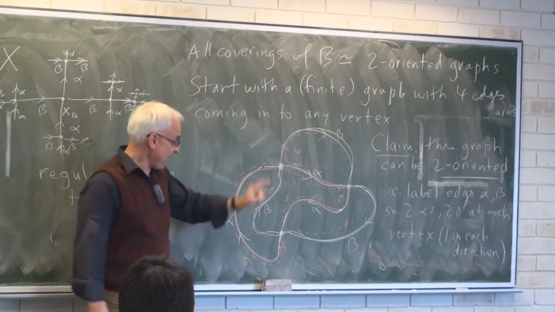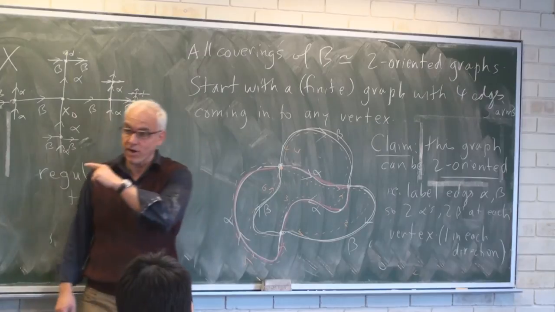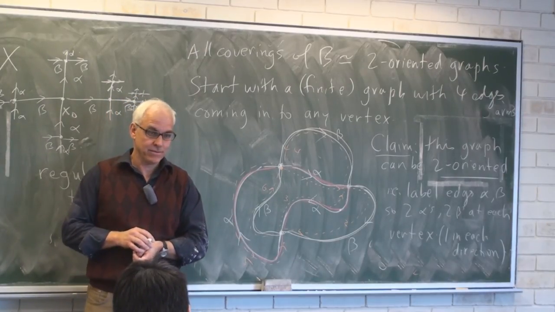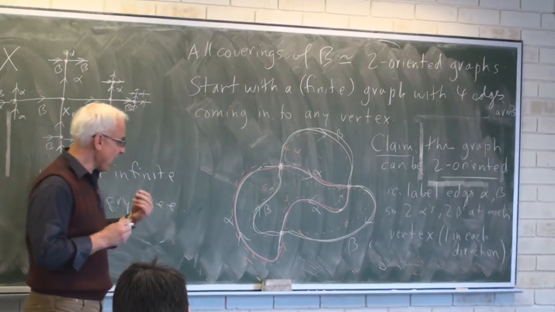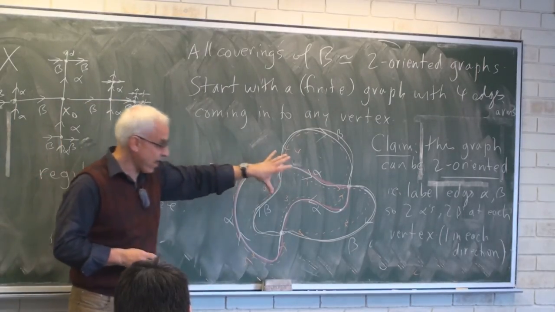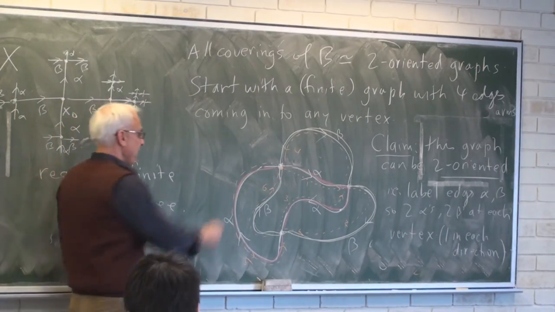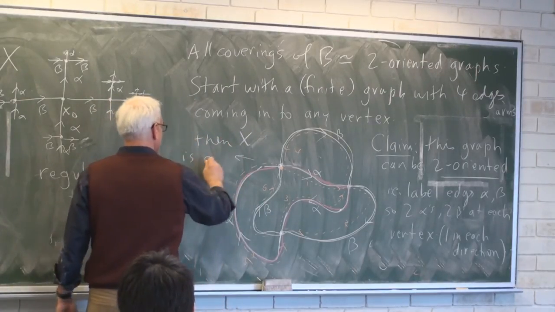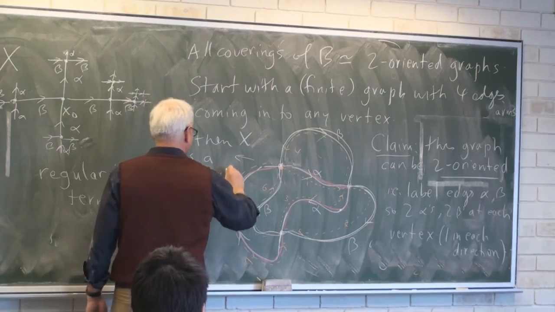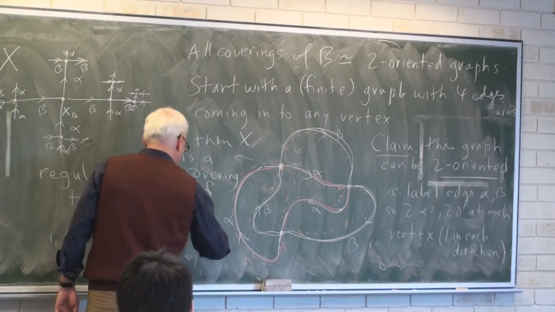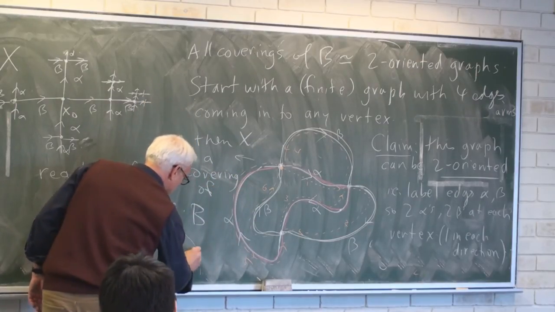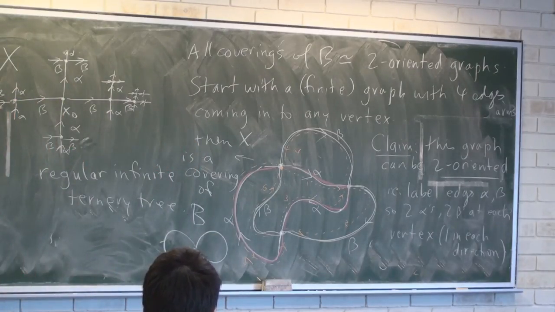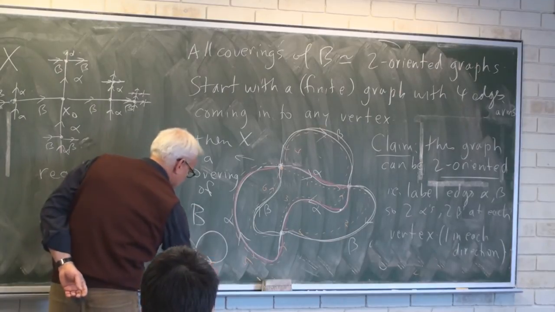In other words, that graph is then a covering of B. That's the essential covering property. So this X is a covering of B, which is our wedge of circles.